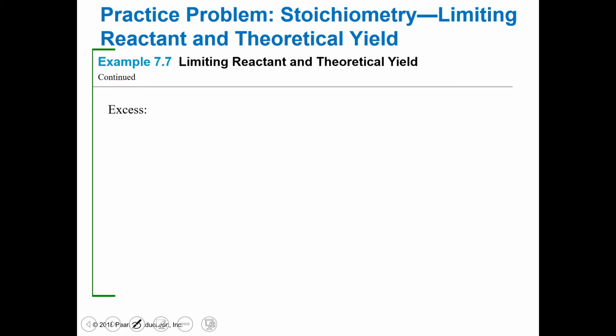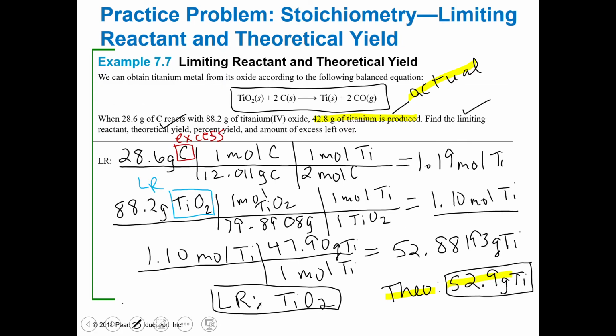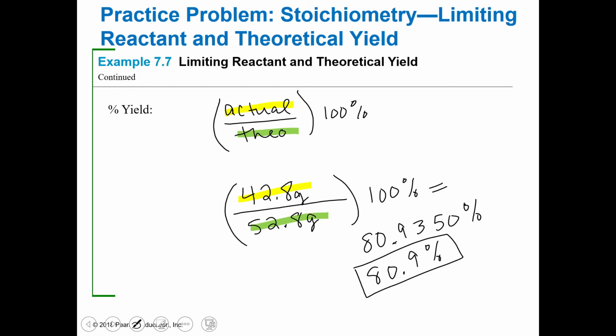So we had 4 cups of cheese left over. In our example, we have to figure out how much of the carbon had to get used. How much of that 28.6 grams of carbon was used in order to get the 52.9 grams of titanium. So what we're going to do here is work backwards.